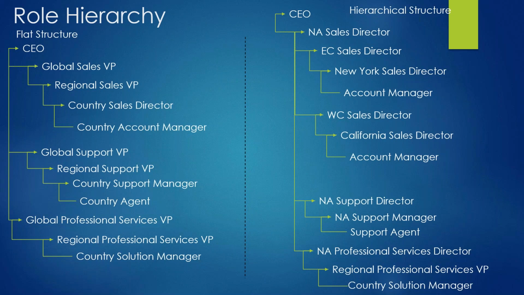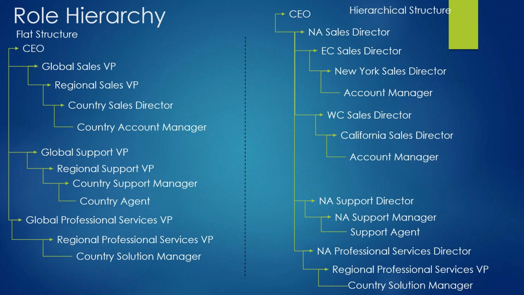We can have roles which are based on the kind of duties a person is doing. Just for example, we have professional services, we have support, and we have sales. So these are the basic functions within the organization. Or we can have a complex structure in which the roles are defined based on the territories.